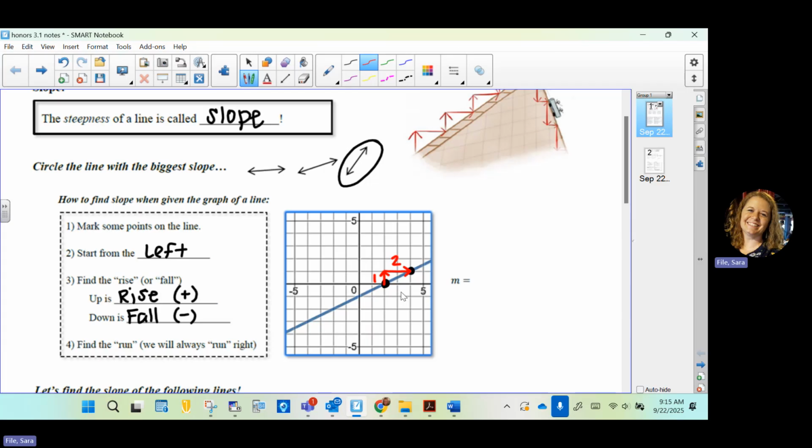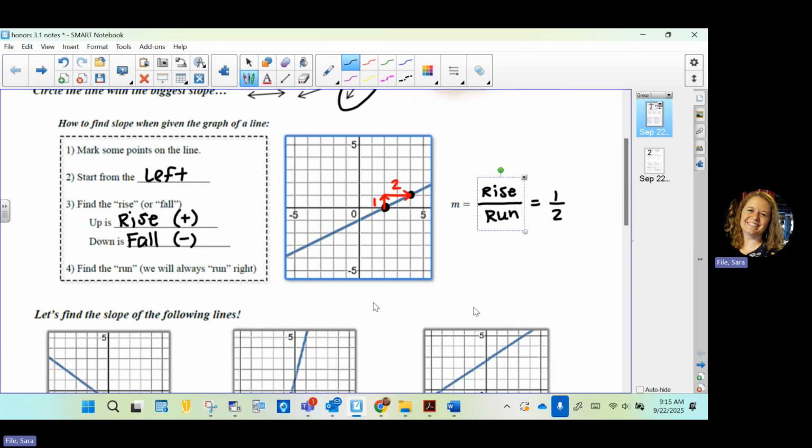So this one was rise 1, run 2. Your slope represents your rise or fall over your run. I'm sure you've heard that about a million times. Rise over run, rise over run, rise over run. So in this example, that is 1 over 2. So this slope of 1/2.